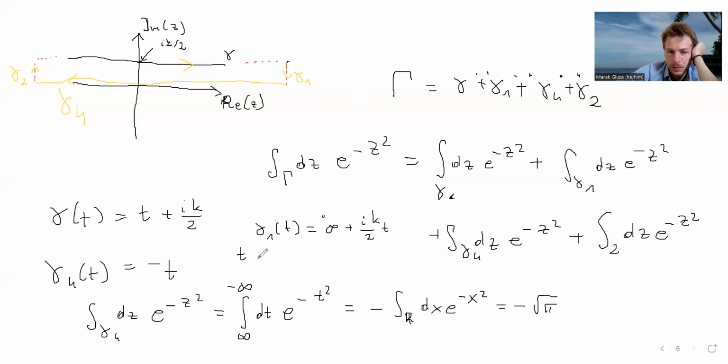So t from 0 to 1. But because this is at infinity, this is 0, and this is 0.